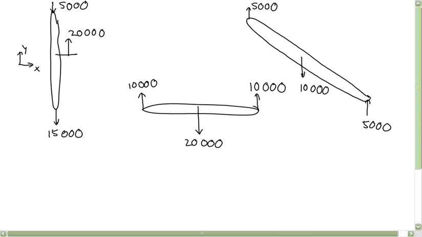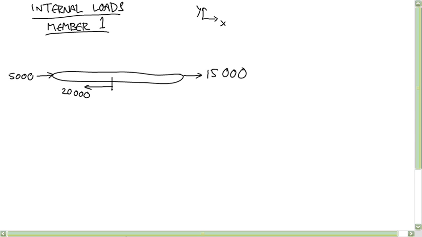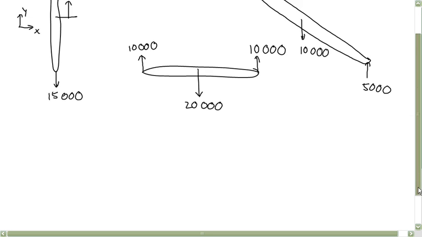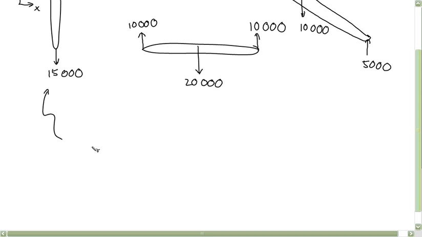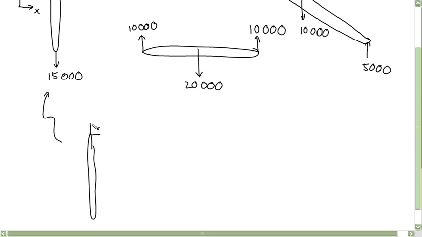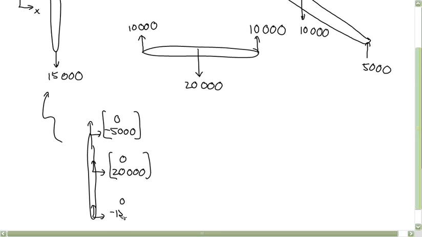So, what if those had been treated as vectors? Like, what if instead we treated this as 0, negative 5,000, here 0, 20,000, and here 0, negative 15,000.